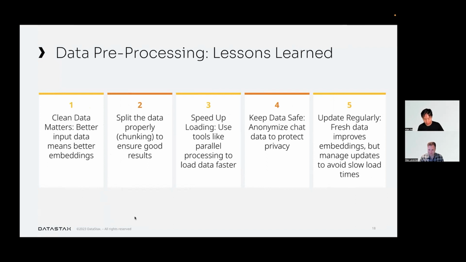The second thing is to properly split your data. This is kind of a 200 level type of tip. When you're processing a very large document, you don't want to store the entire document in the vector database. What you want to do is chunk up the document into pieces that are small enough that you could put in the large language model. And when you chunk it up, you don't take a document and evenly split it into 10 chunks.